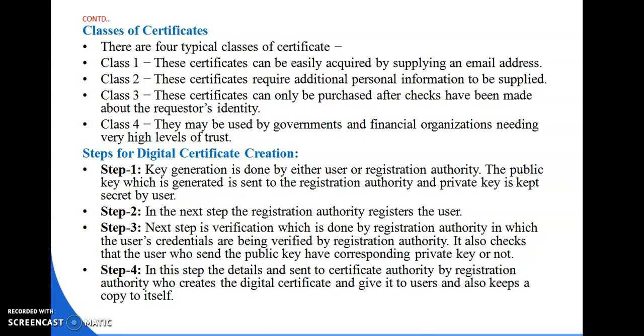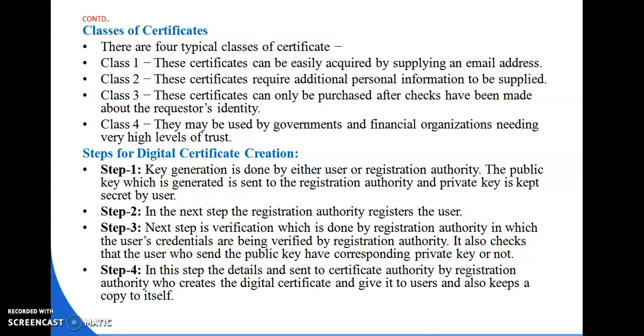Suppose you need some other identification like name, organization, anything, then you apply for class 2. Class 3 certificates can only be purchased after checks have been made about the requester's identity. And class 4 is for financial dealings or financial organizations. This is class 4.